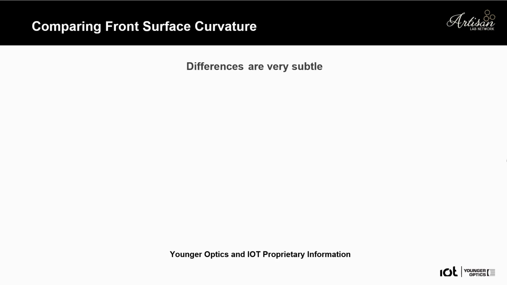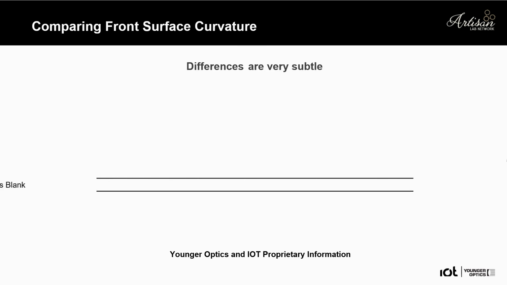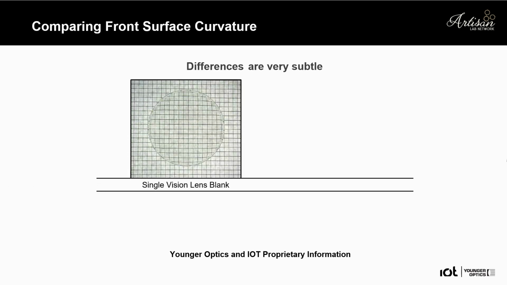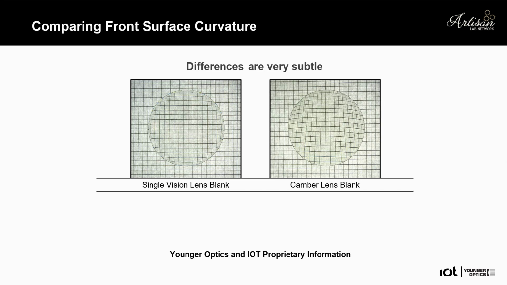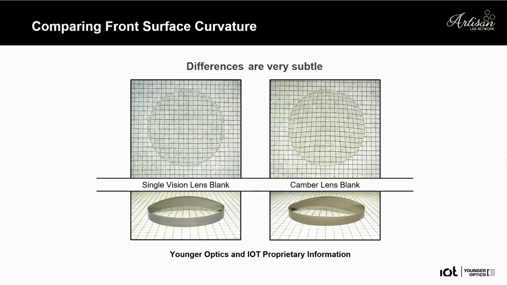The differences are very subtle when we look at a single vision lens blank and the camber variable lens blank. You can see in this example the single vision lens blank compared to the camber looking through a grid is a very subtle change. And cosmetically, when looking at the profile, there's a very subtle change as well.